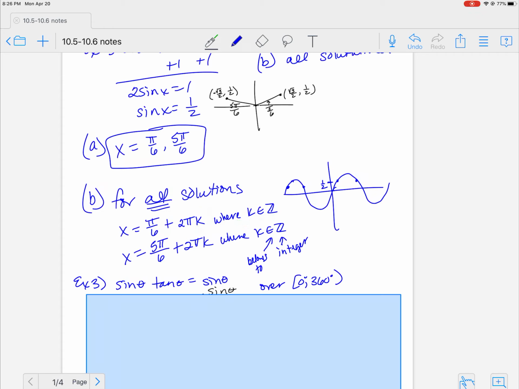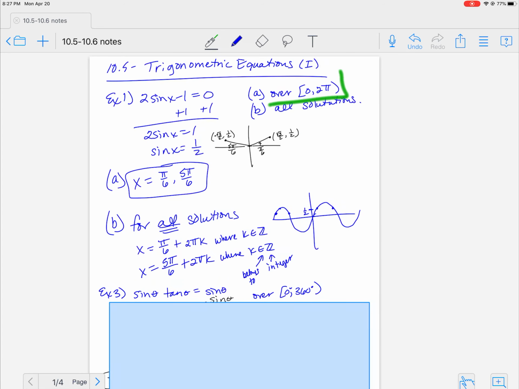Here, if I have 5 pi over 6, I'm running that same gambit, swinging it around and around until I hit there, where k belongs to the integers, right? And if you have a variable, you have to define it. So that's all that means. If you are restricting your answers, then you just have that restriction.